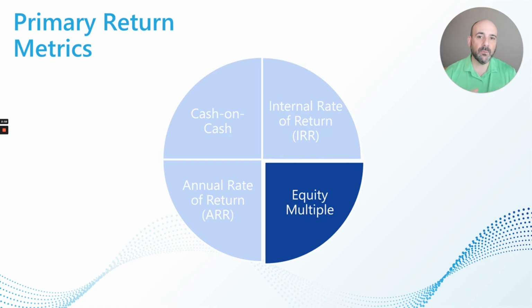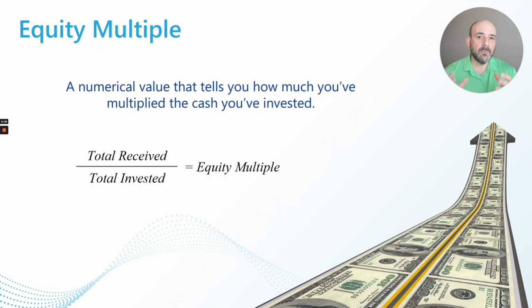Now let's talk about equity multiple. The equity multiple is pretty simple. It's just a numerical value that tells you how much you've multiplied your cash that you've invested. It's the total amount of money you receive back at the end divided by the total investment you made in the beginning.